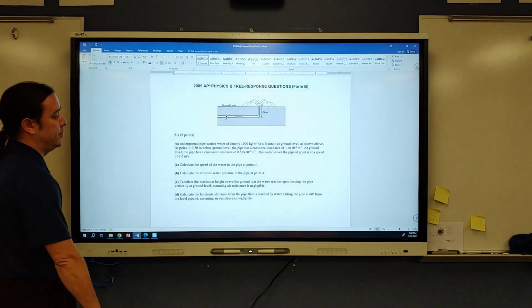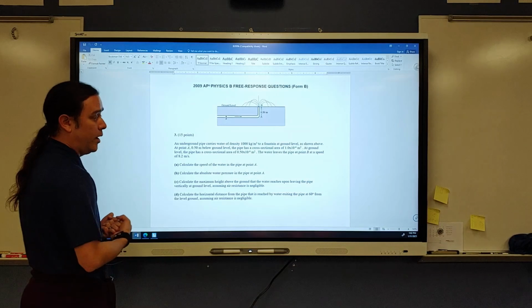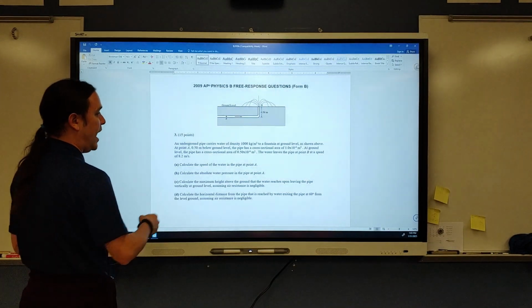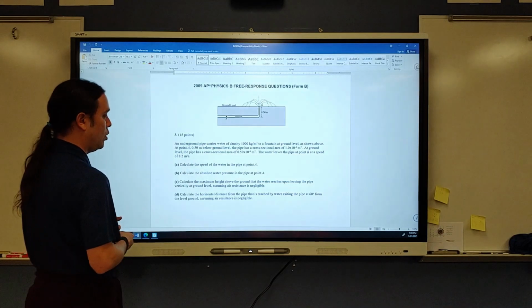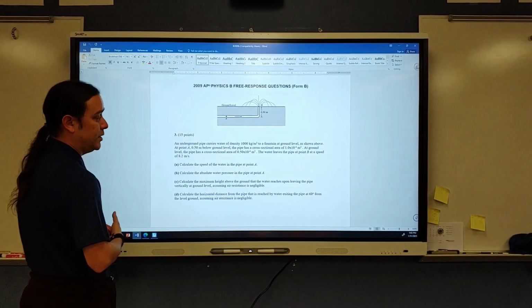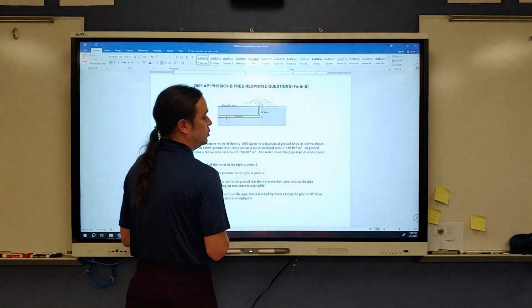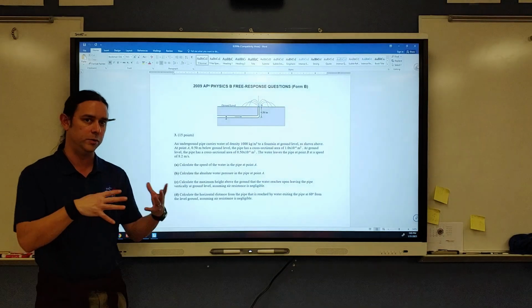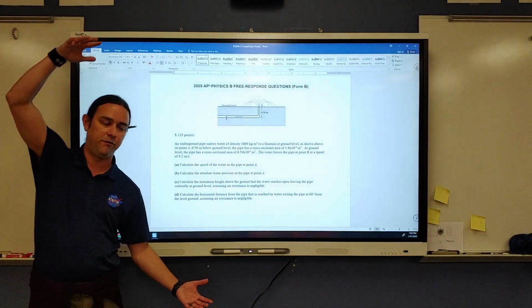Okay, an underground pipe carries water of density 1,000 kilogram per cubic meter to a fountain at ground level as shown above. At point A, right down here, which is 0.5 meters below the ground, the pipe has a cross-sectional area of 1 times 10 to the -4th meters squared. Remember, when we're dealing with meters cubed and meters squared, that's actually a really big value.